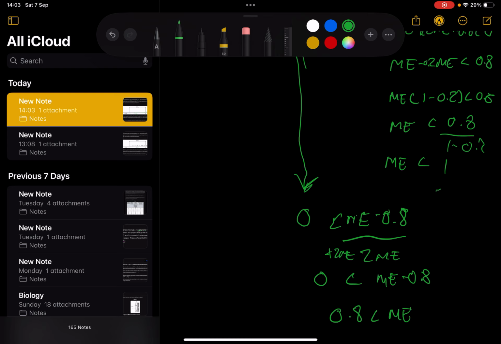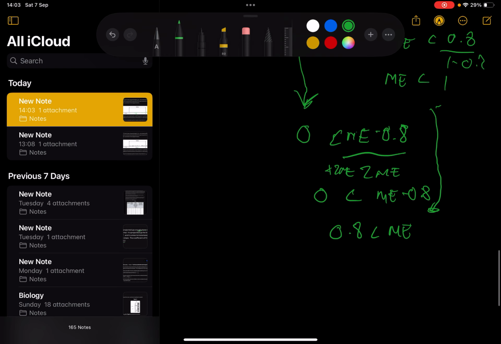So let's combine these. When we combine these, we get 0.8 is less than m, and m is less than 1.